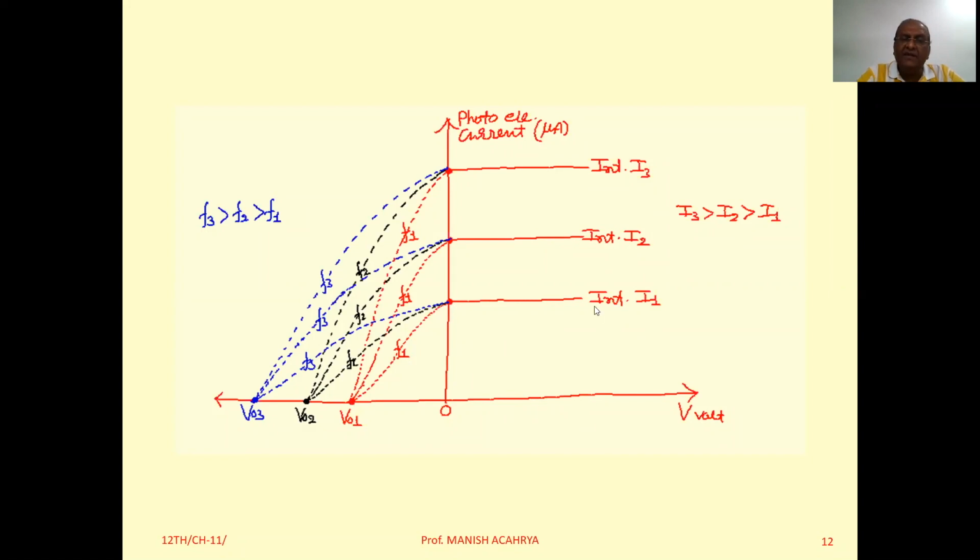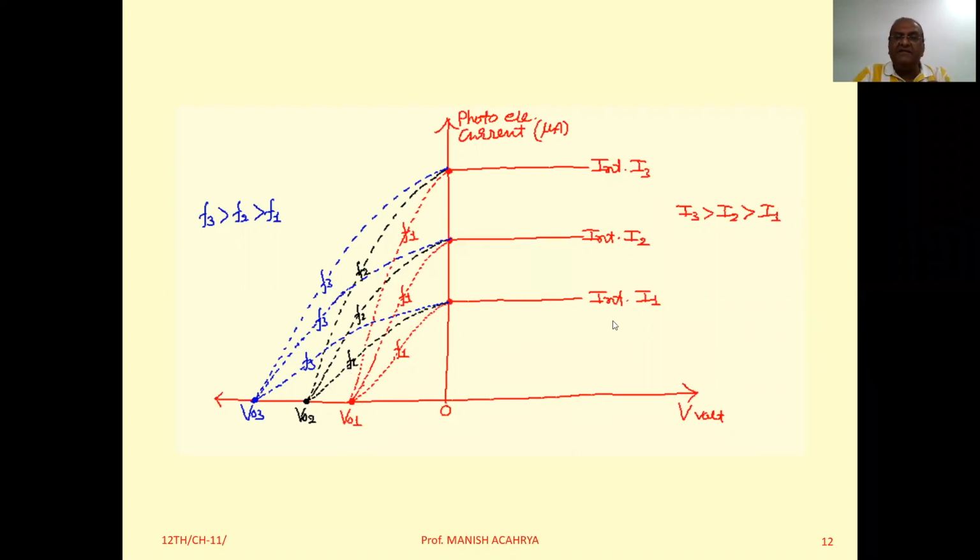Then after, keeping intensity constant at I1, the frequency was increased from F1 to F2, and they observe this thing, at positive potential the current is the same, but when negative potential is applied and increased, then no doubt the photoelectric current decreases, but it becomes zero for a voltage which is greater than the previous one. Means this stopping potential V02 is greater than V01.